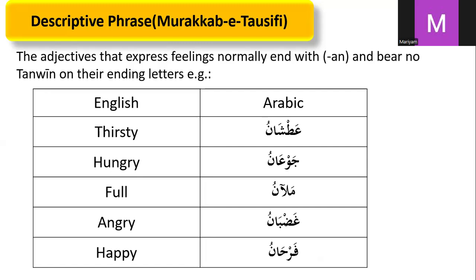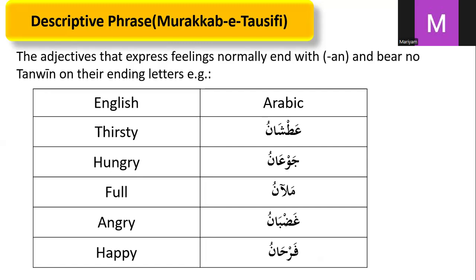As you know, most of the time all adjectives end with tanween. But when you express feelings, that means if you like to use an adjective that expresses feelings, then we need to use words which end with only one dhamma. There is no ending of tanween.